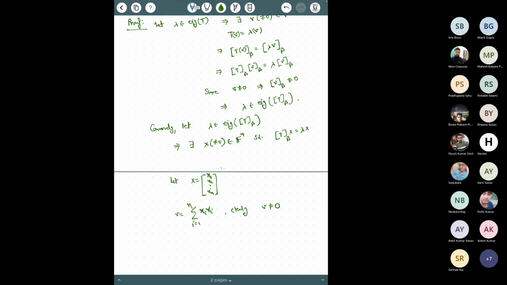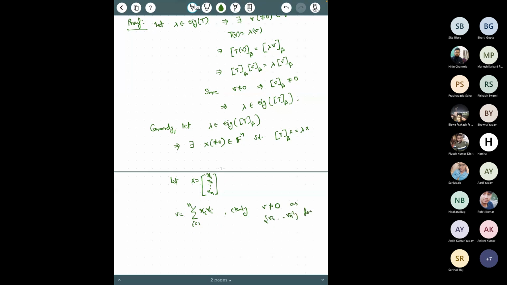Because if this vector v is 0, then this linear combination is 0, but then this implies that all these xi's are 0 because these vi's form a basis. So this is not possible, right? So clearly this is not 0, because v1 to vn form a basis.